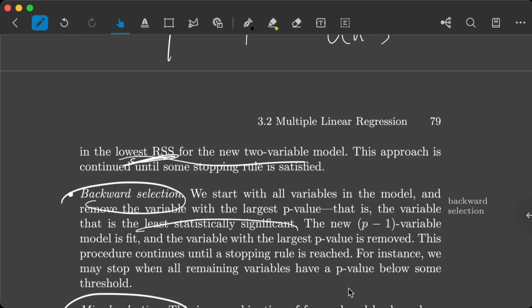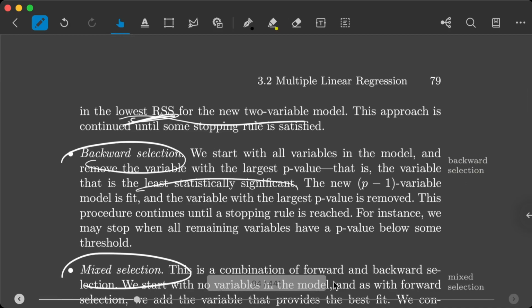When we are trying to remove something, we always increase the RSS, but we can find one of them is the minimum. It does not increase the RSS a lot. So then we choose this one.